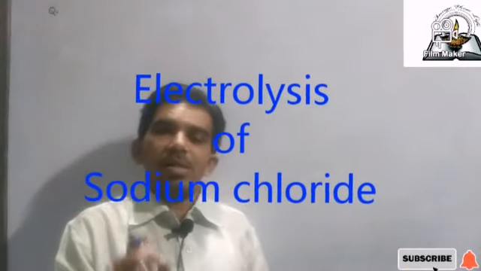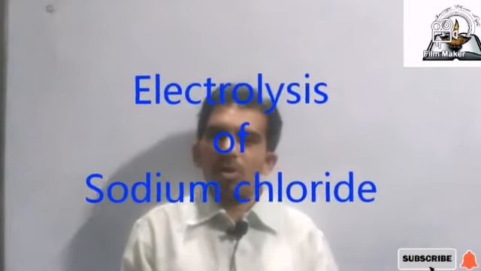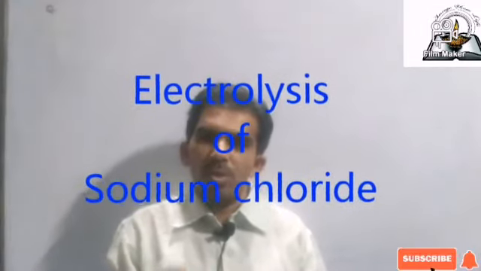Next one is the electrolysis of NaCl. The question is, what will happen when electric current passes through solid NaCl, aqueous NaCl, and next one the molten state or fused state NaCl.